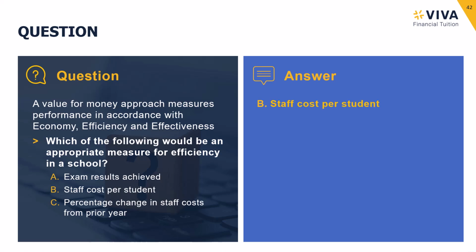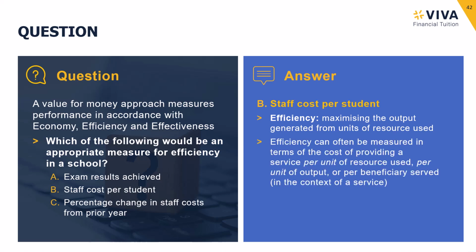Now the answer to this would be staff costs per student. Efficiency is about maximising the output generated from units of resource used. Efficiency can often be measured in terms of the cost of providing a service, so per unit of resource used, per unit of output, or per beneficiary that has been served.